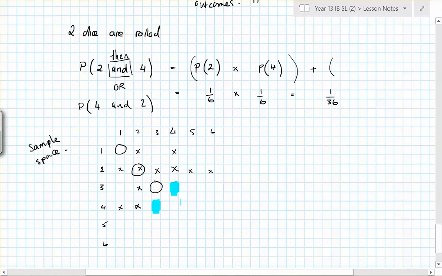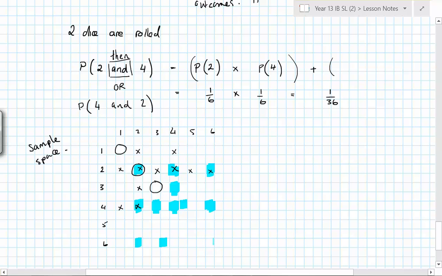Then for two even numbers, it would be 2 and a 2, 2 and a 4, 2 and a 6, 4 and a 2, 4 and a 6, 4 and a 4, and so on. And you could list all of them, and then 6 and 2, 6 and 4, 6 and 6.